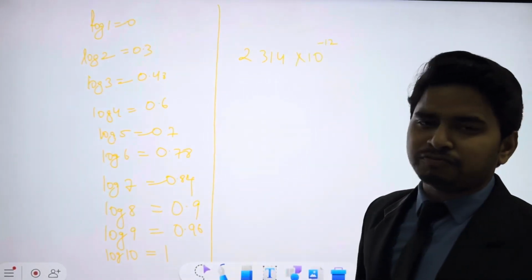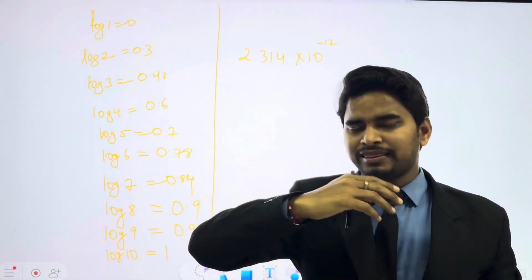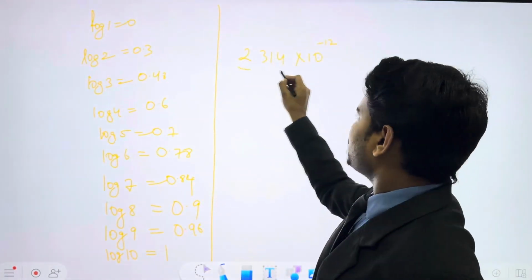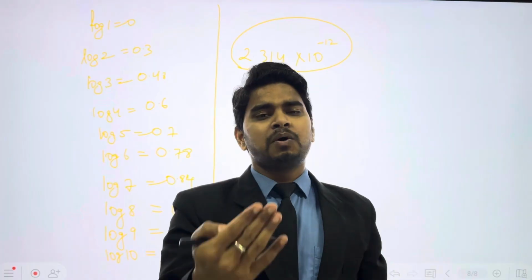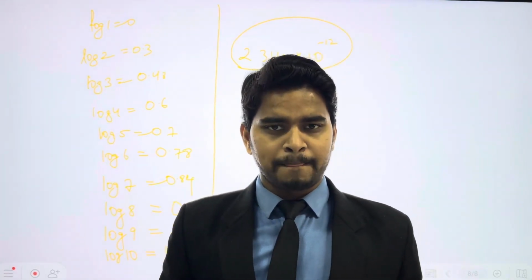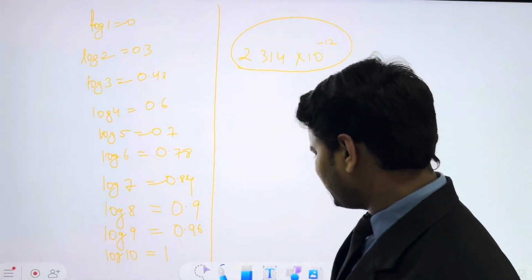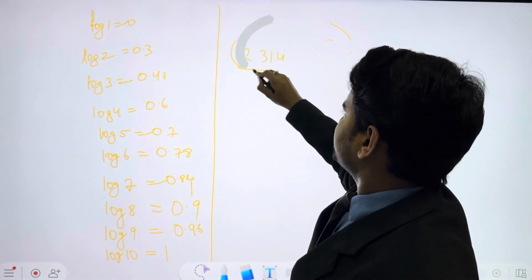This is the standard form of any number: a digit, then a decimal, and then all the digits after the decimal, into 10 to the power. So first you have to convert any number in this way, then we can talk about the value of log of that number. Let's do some easy questions first, and then we'll see what exactly we can do for pH and all.